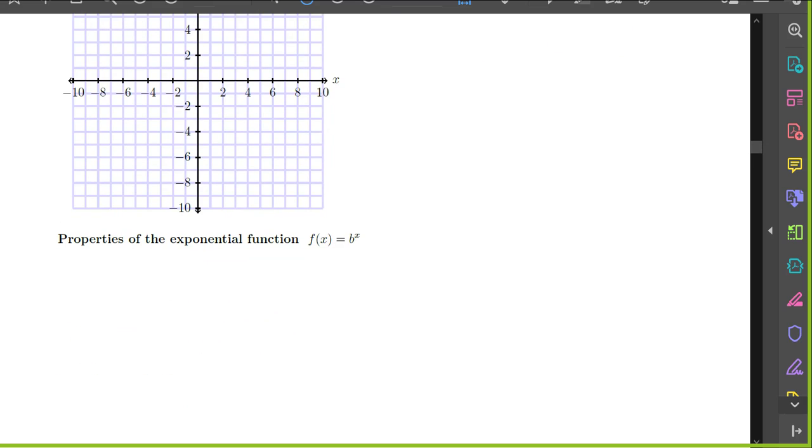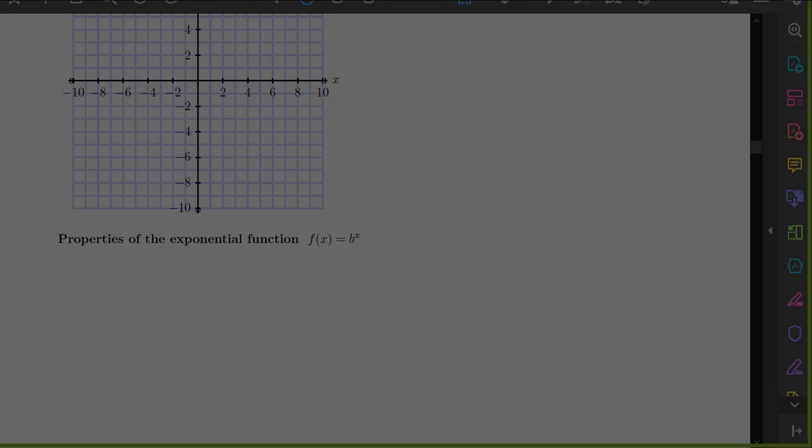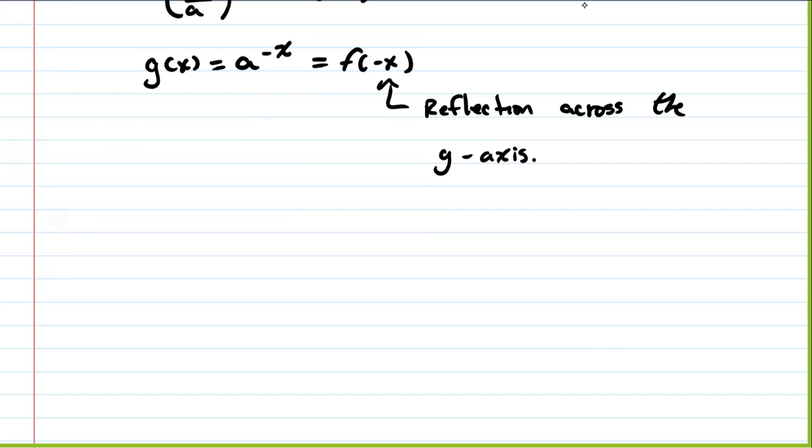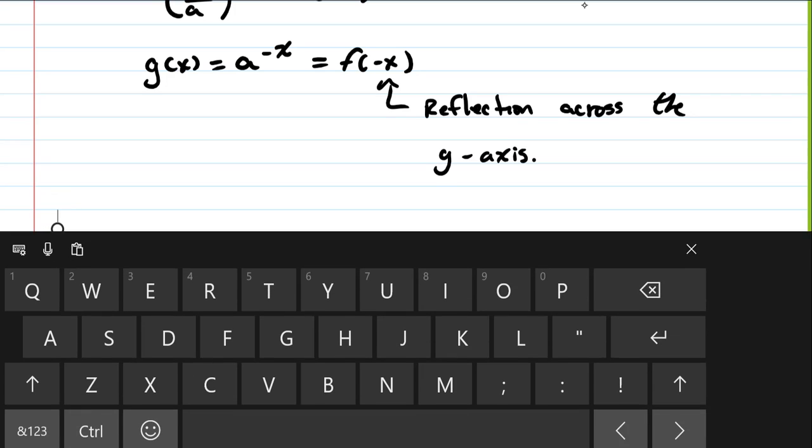All right. So what we're going to do now is just make a laundry list of facts, things that are true about the exponential growth function.